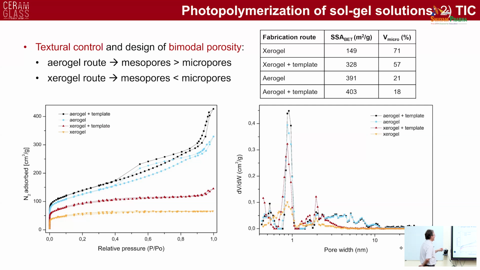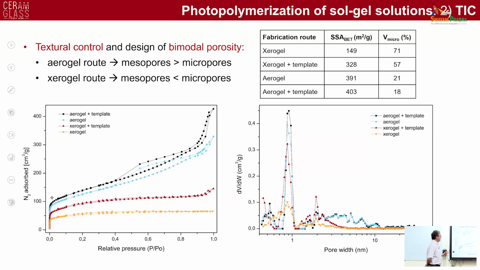And note that the volume of micropores decreases, or is changed, by modifying the fabrication approach. And if you look at the BET curves, you can see, for instance, that the aerogel plus template approach has some distinct presence of mesopores inside the structure, plus the micropores that contribute the most to the specific surface area.